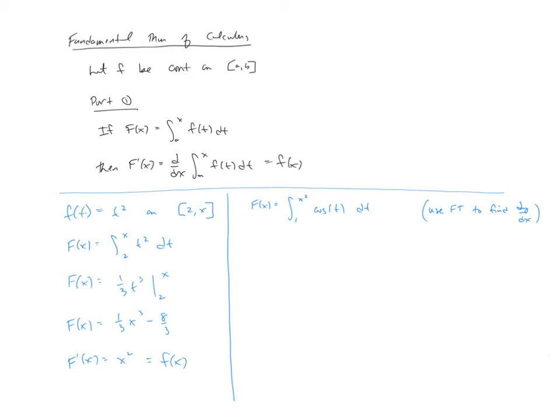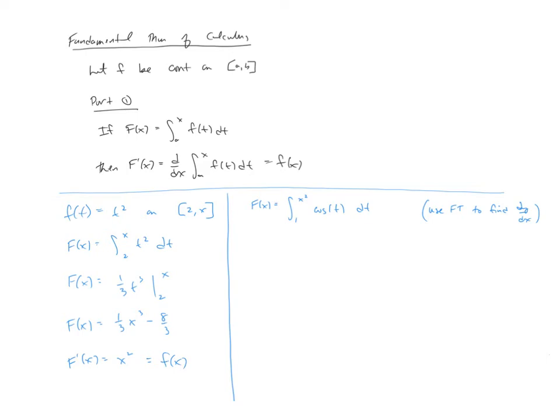Now when you look back up at the fundamental theorem, part 1, that x has been consistent in this last problem. That's because the derivative of that x is 1. Anytime you have something up here whose derivative is anything other than 1, it's going to be that chain rule. And so that's what we're going to have to worry about in this particular problem.